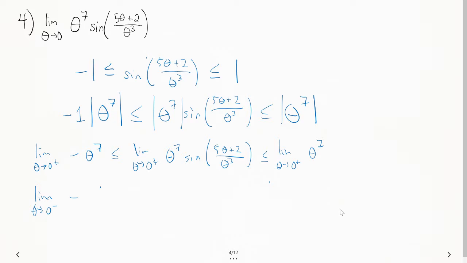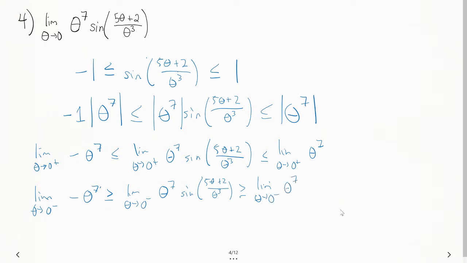It's different if we were approaching another number besides 0, but 0 is kind of the point where you switch from negative to positive, so I want to make sure that we're all aware of that. So then what happens in that case, you go this direction. And that's greater than or equal to the limit as theta approaches 0 from the left of theta to the 7th.